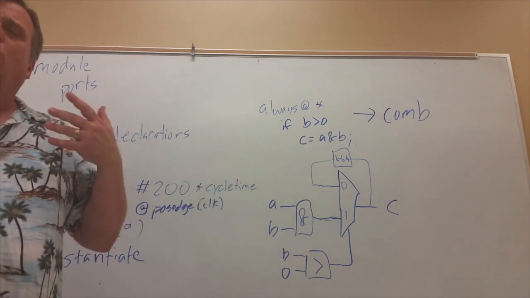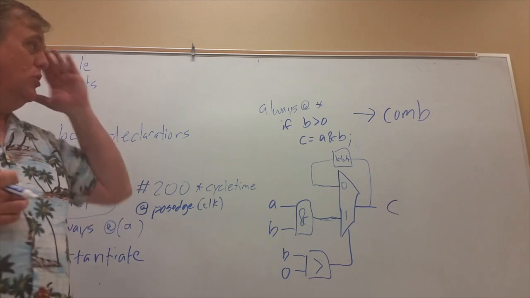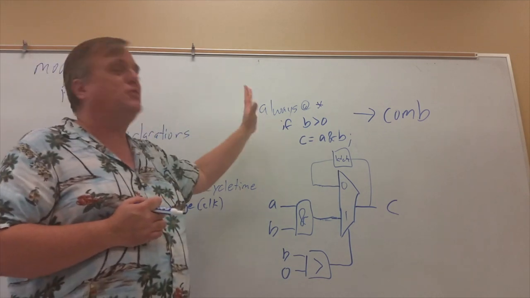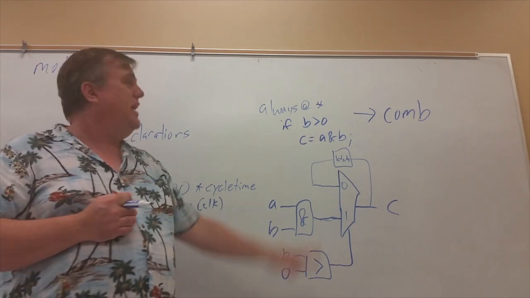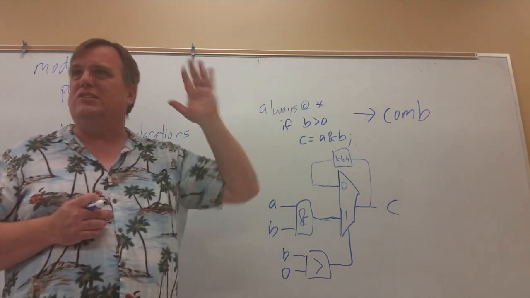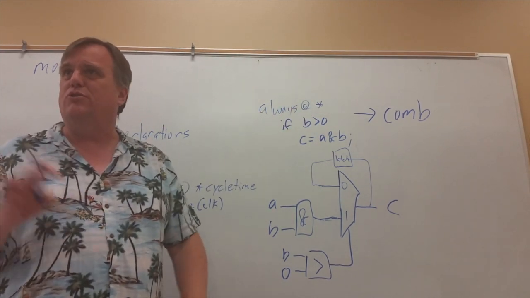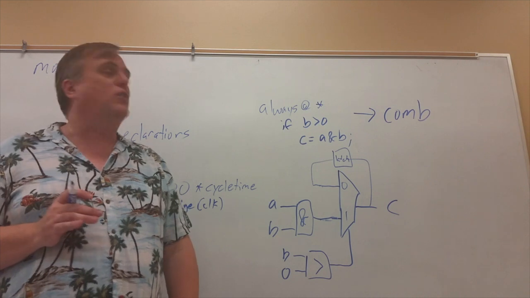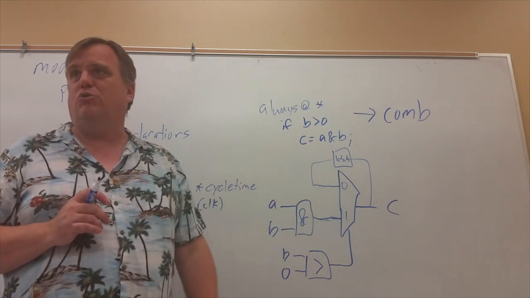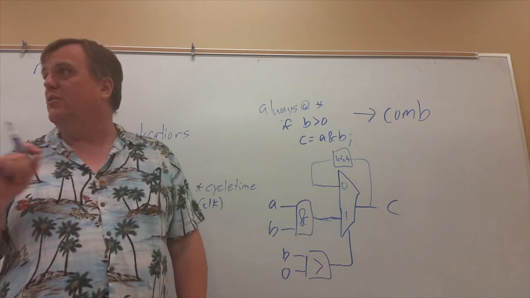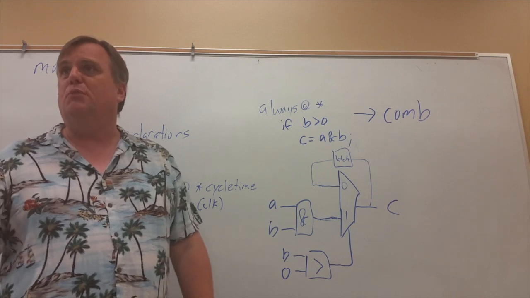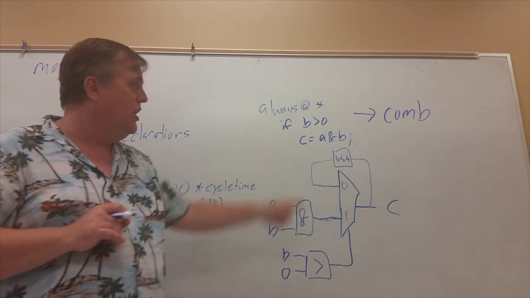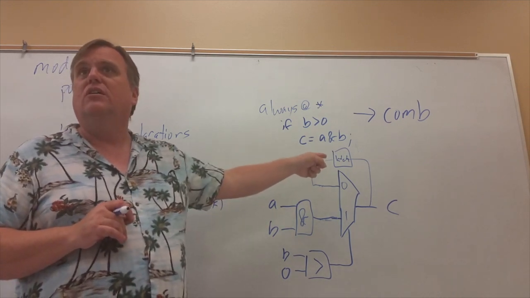So what we would like to be able to do is to specify something that handles this. I don't want to write out the sensitivity list for standard combinational stuff, but that also prevents this stupid latch creation. So if you've ever got an error message that says something about a latch, this is what's happening.